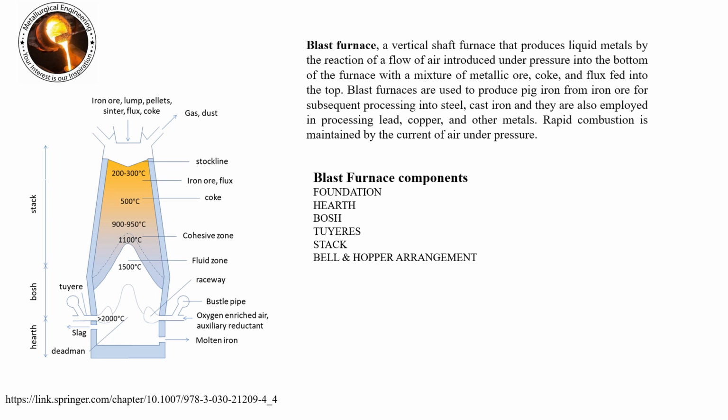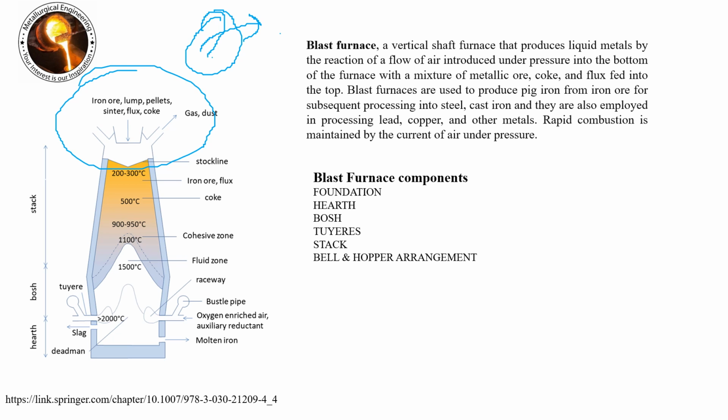So let's start with the blast furnace components. Here we can see there is a hopper. So what does a blast furnace do? Suppose we have taken out iron. It is not in a pure form to use, so we have to make it pure. There is a procedure followed for that, and that is the blast furnace.